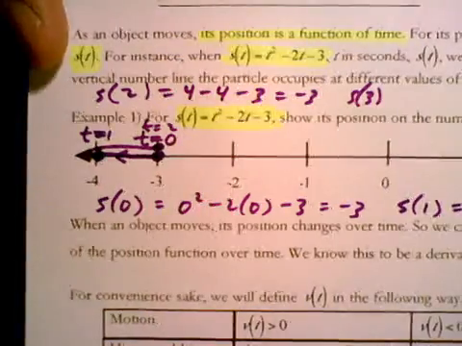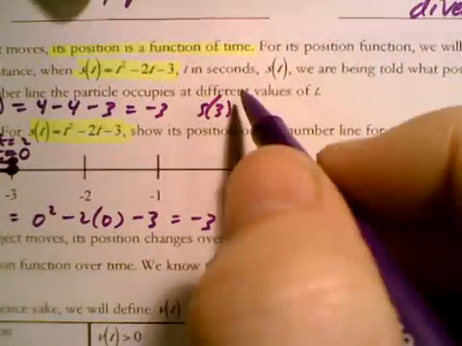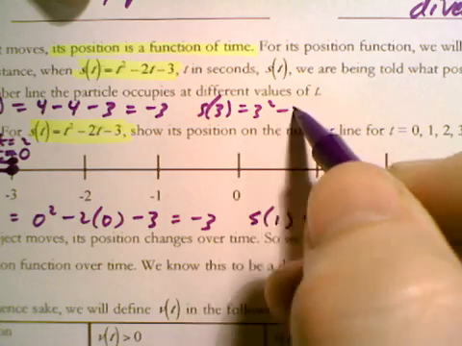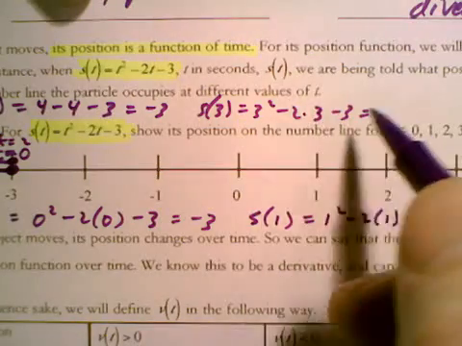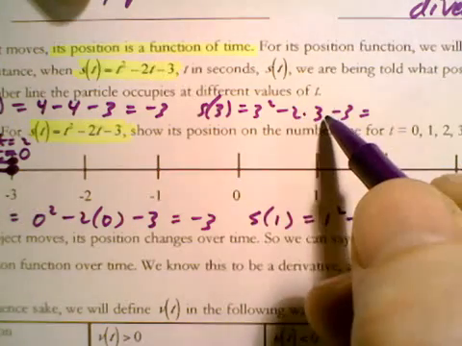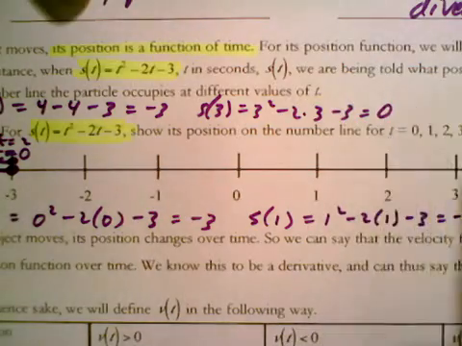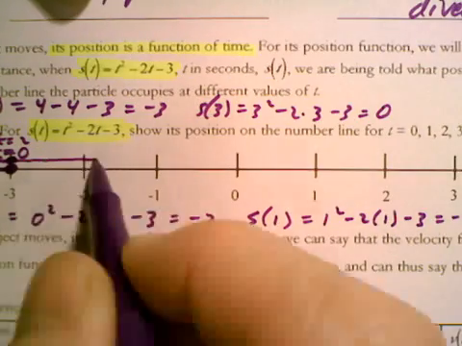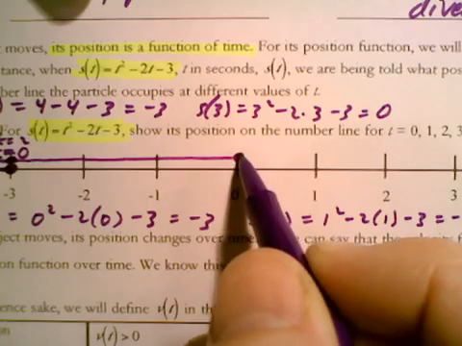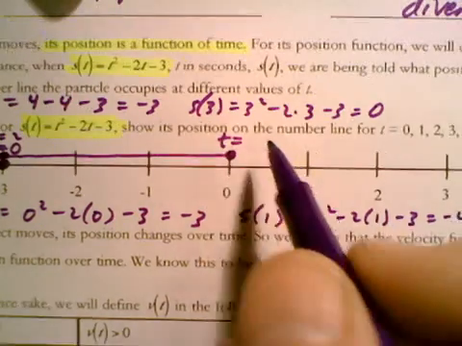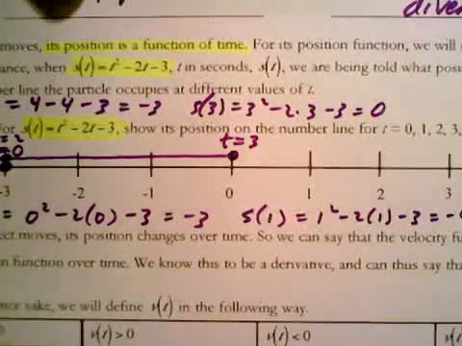The position of the particle at t equals 3 would be 3 squared minus 2 times 3 minus 3. So 3 squared is 9, 9 minus 6 is 3, and 3 minus 3 is 0. Now the particle is moving over this way, and it is at 0 at time t equals 3.